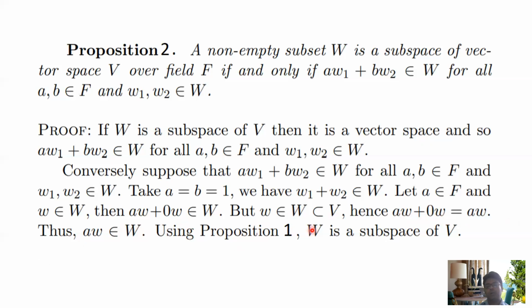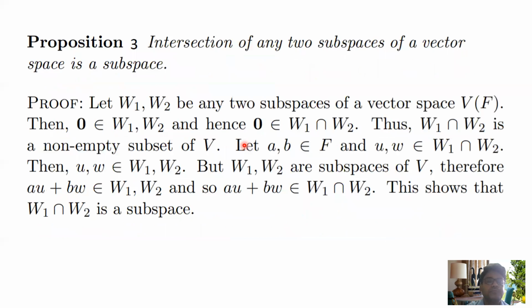Using proposition 1, W is a subspace of V. So that means this property is coming from proposition number 1.